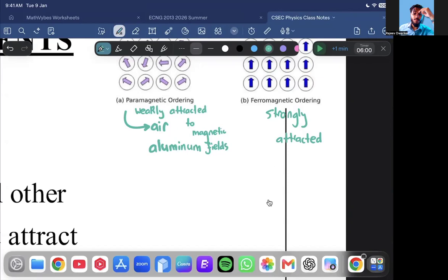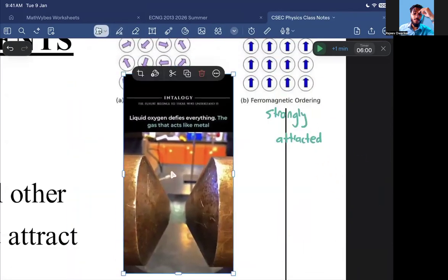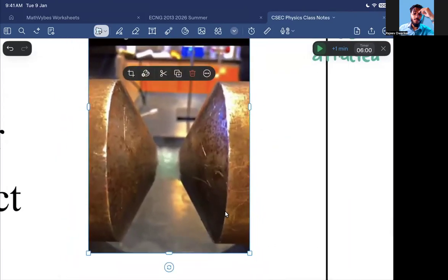Let me see if I can show you. Oh, you see now, on either side you have two magnets, right? And you see that little blob in the middle? Yes, sir. That's liquid air. If you notice, it's staying there, and that's because it's attracted to the magnetic field. Yes, sir.